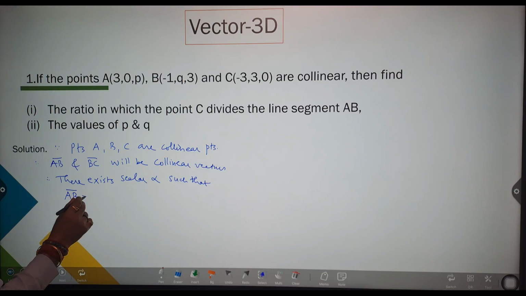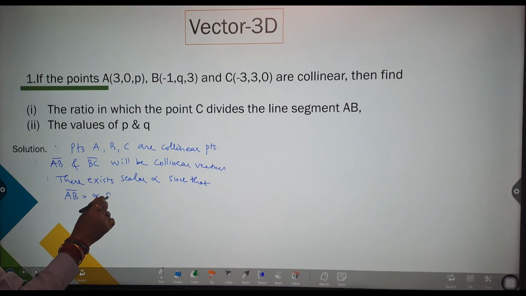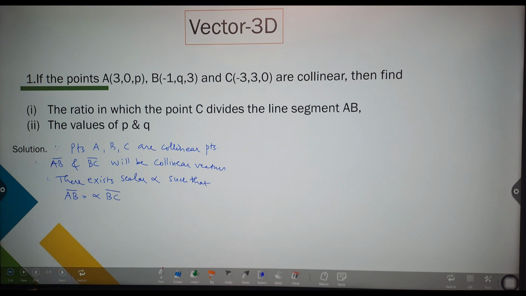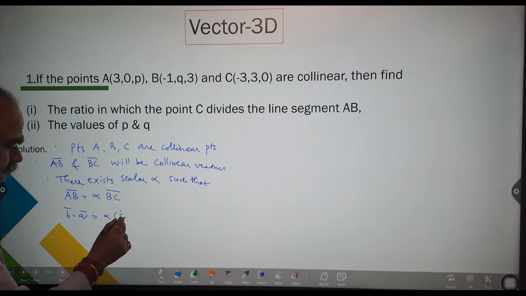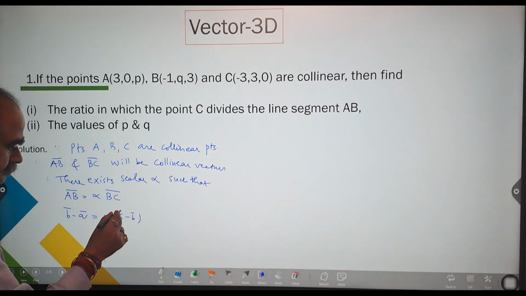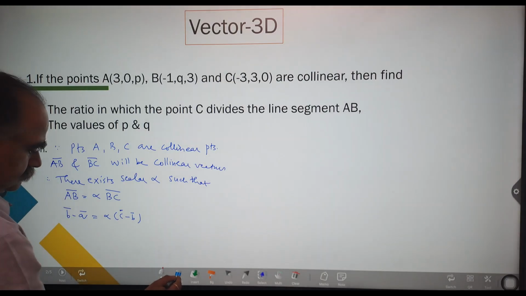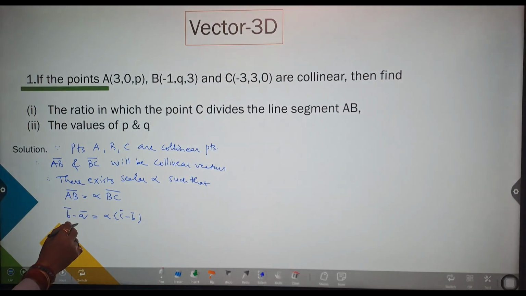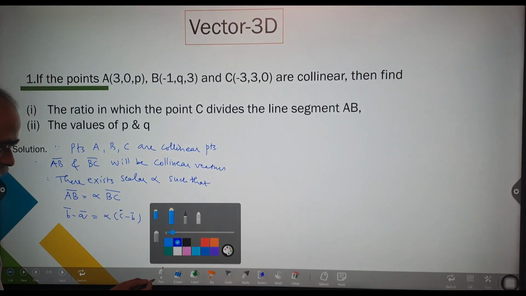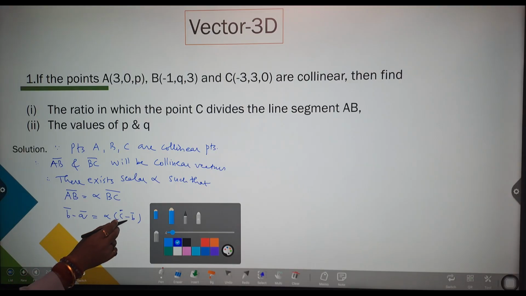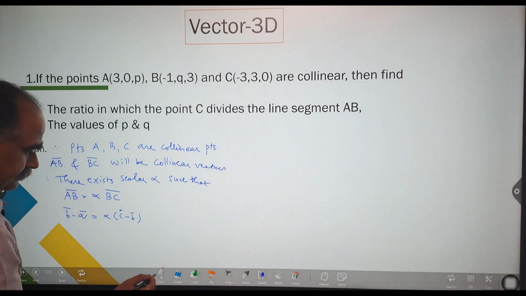AB bar is alpha times BC bar. Now AB bar is what? B bar minus A bar is equal to alpha times C bar minus B bar. This we write as equation number 1.